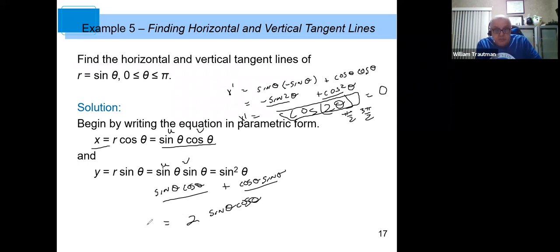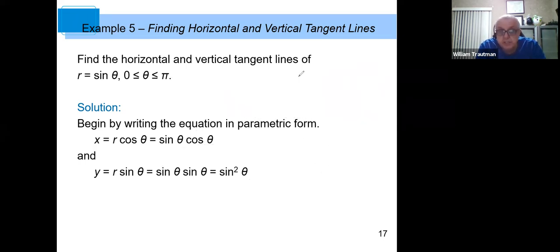There is a trig identity in that double angle formula that does the same thing. This changes to sine 2 theta. And we set sine 2 theta equal to 0 and find out where sine of theta equals 0. Looks like at 0 and pi. So now we can take a look at the next slide.